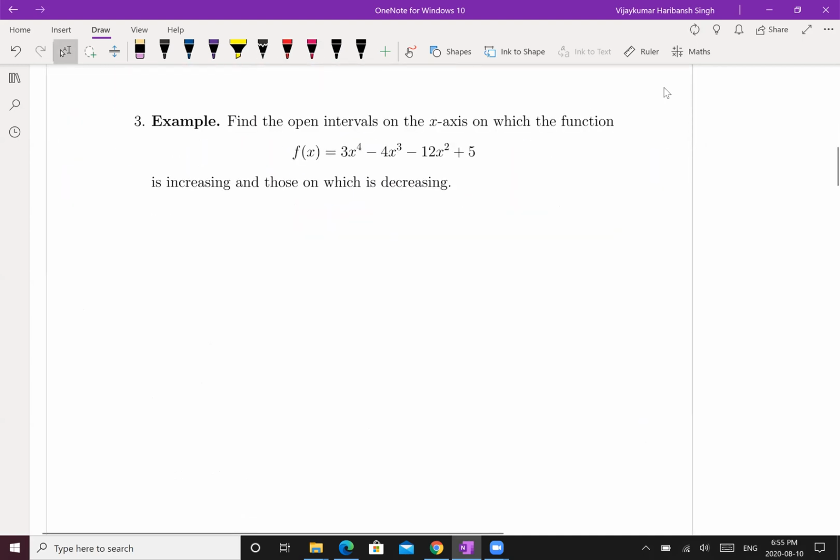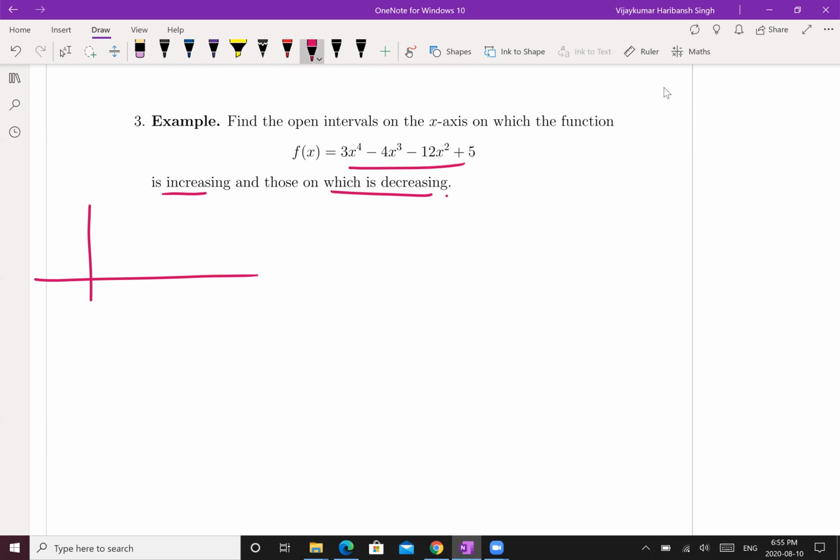So now let's see the following. Find intervals on the x-axis on which the function f of x, which is 3x to the 4 minus 4x cubed minus 12x squared plus 5, is decreasing and on which it's increasing. So let's look at an example again. Let's draw a continuous function which is differentiable because this is a polynomial function.